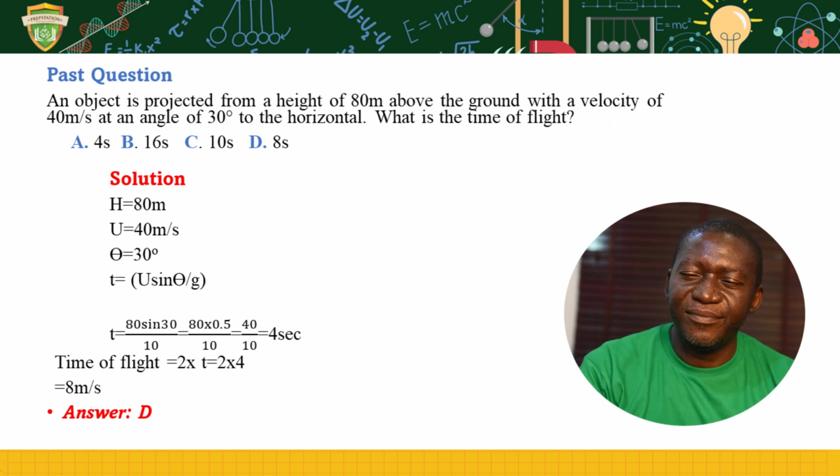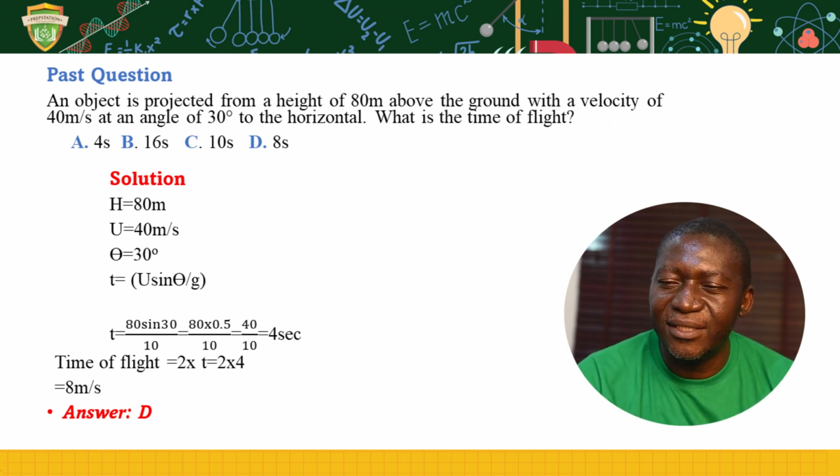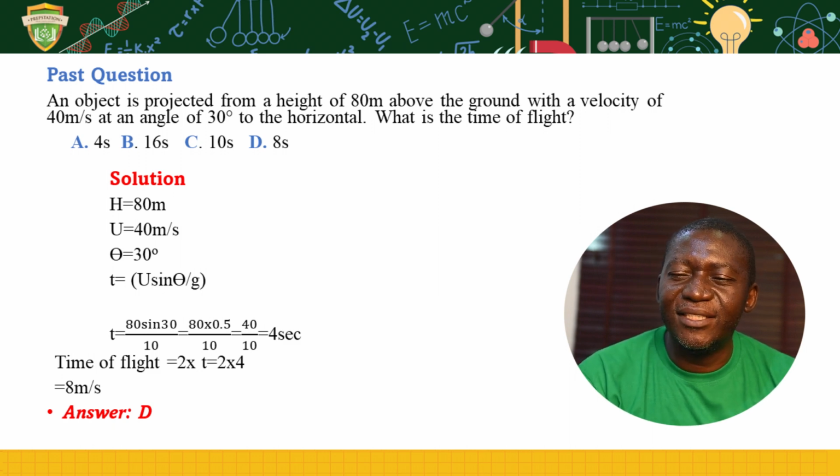So from here, we can see that the height that is given is 80 meters, u is 40 meters per second, and theta is equal to 30 degrees.